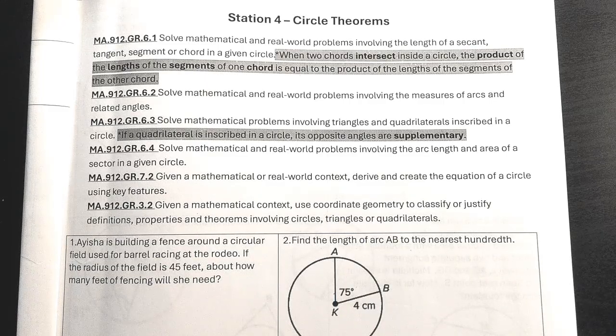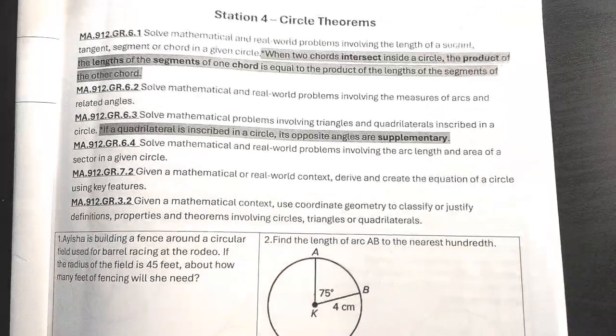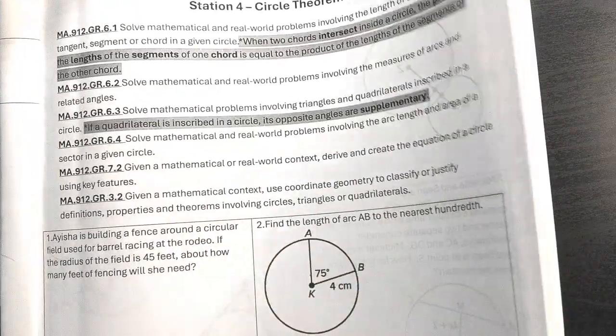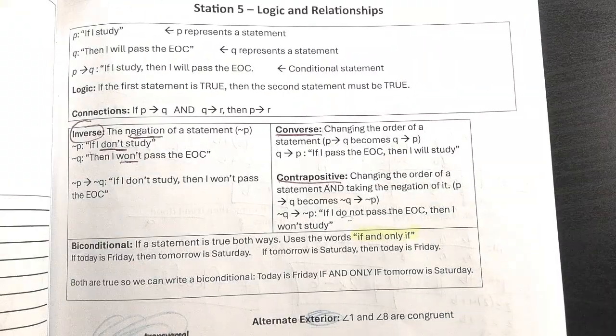In this video, we're going to cover Station 4 from the 2026 Geometry EOC Bootcamp. I believe I'm going to split this into two because of how late it is and just how many problems there are. So this goes 11, 12, 13 and 14.